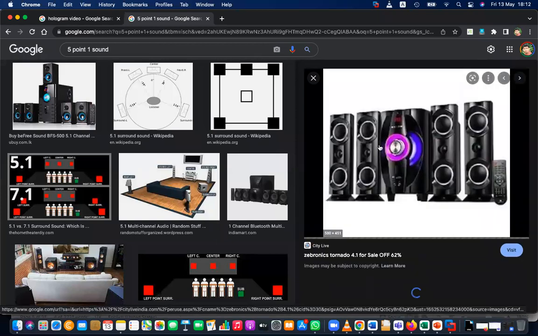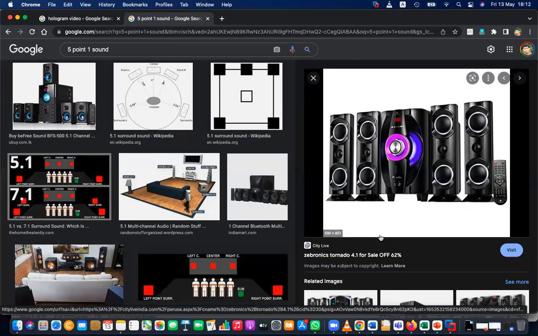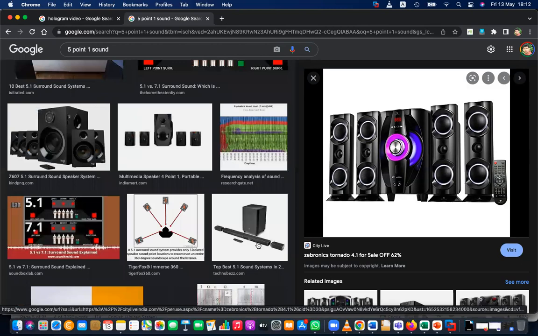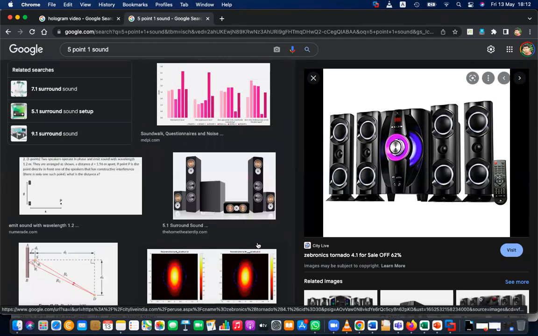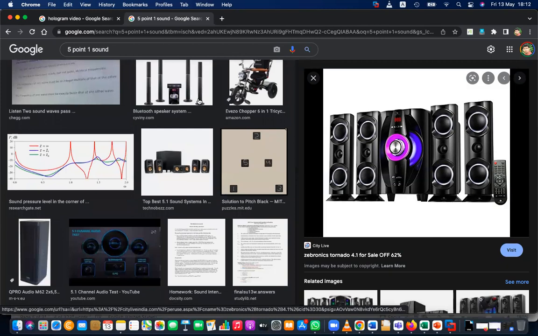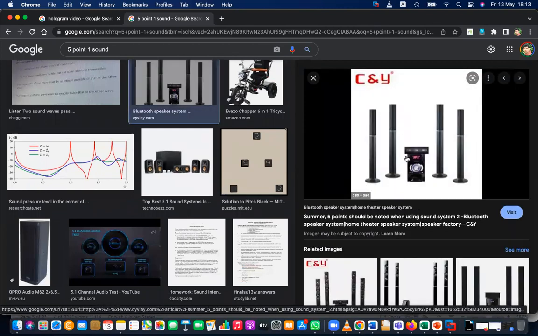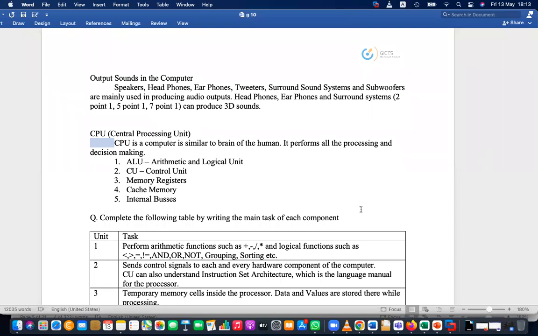Some people keep speakers like this. That is not a 5.1 system. That is wrong. In a 5.1 system, the positioning of speakers is very important. Some keep them like this, but that is not how to place them. They have to be placed all around, not together. Okay? I hope you got the idea about these sound systems.